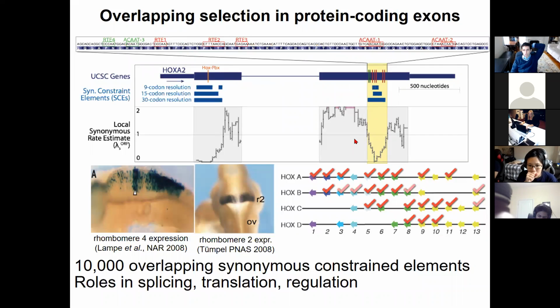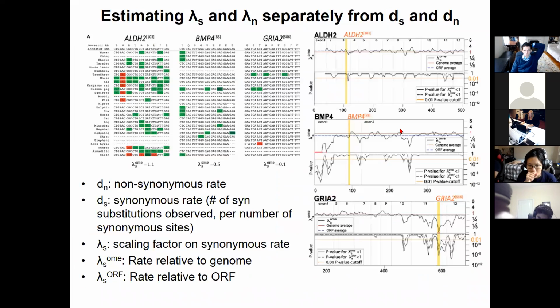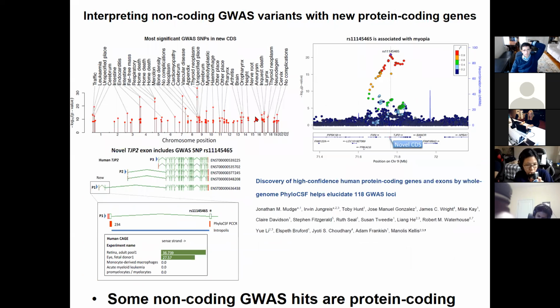And that actually causes their synonymous rate to drop to 0. So we can separately estimate the synonymous rate and the non-synonymous rate across different genes. And we can basically find regions where the synonymous rate actually drops to 0, suggesting that there's simply no toleration for synonymous substitutions, indicating overlapping elements encoded within the protein coding signal.